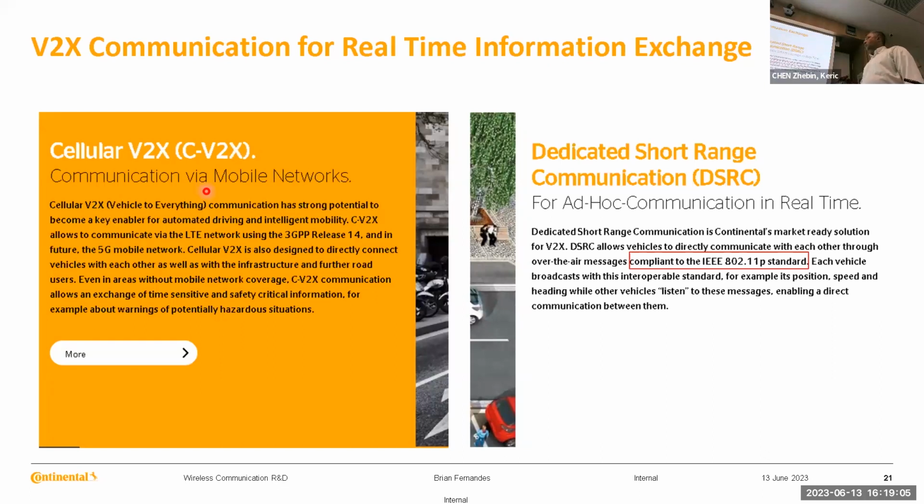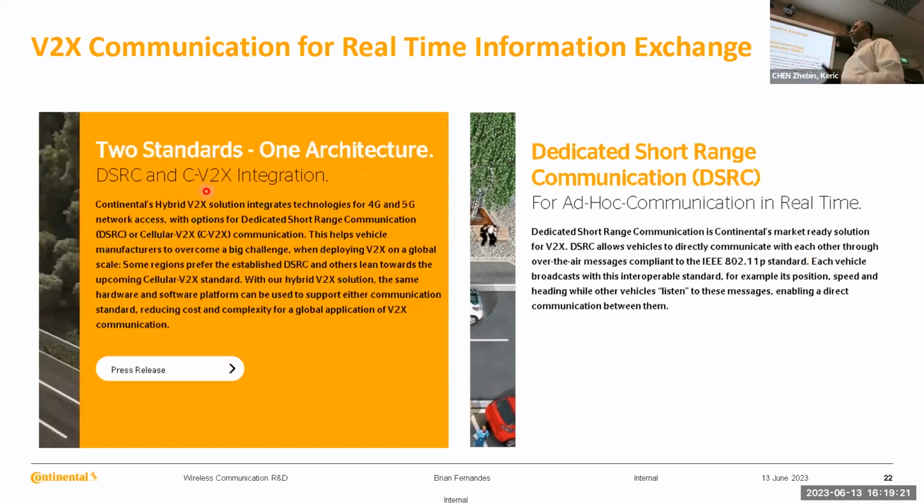And this is predominantly the interest typically from OEMs coming in Europe mostly, and C-V2X significantly in Asia, China, and regions like this. And therefore, to cater to all of these potential markets, we also have an integrated architecture, in which case you have the possibility to have one product that does both, depending on which region you go to and which application you want to use, which customer wants it.